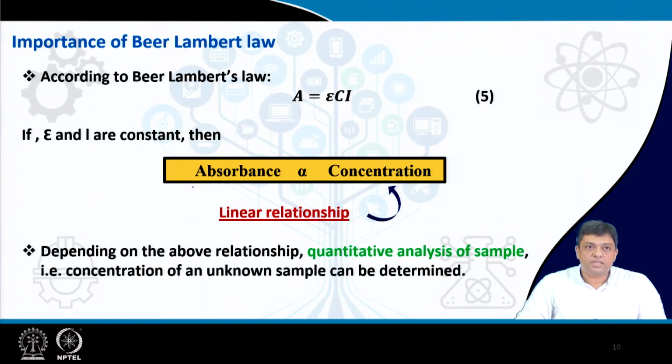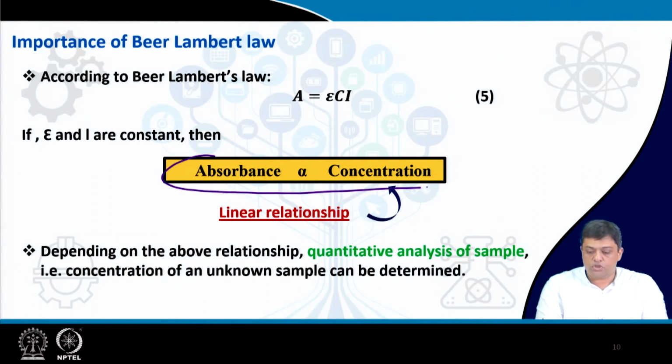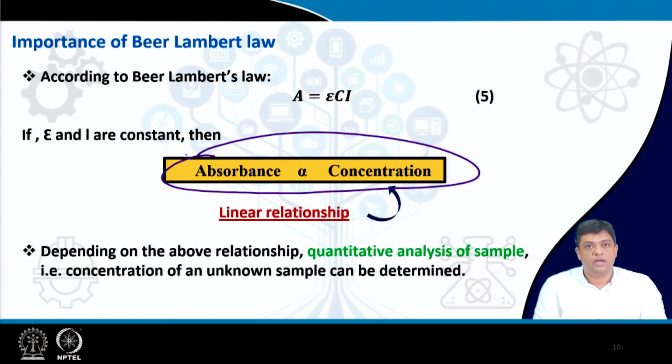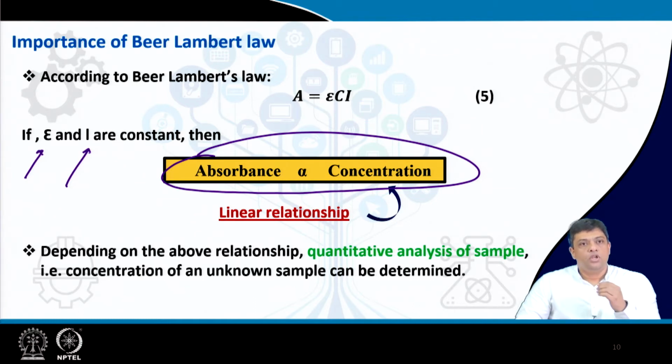What is the importance? The basic importance is that the absorbance is proportional to concentration and we have a linear relationship if epsilon and L are considered as constant. Using this relationship, a quantitative analysis of sample, that is concentration of an unknown sample, can be determined. So, what will you do?